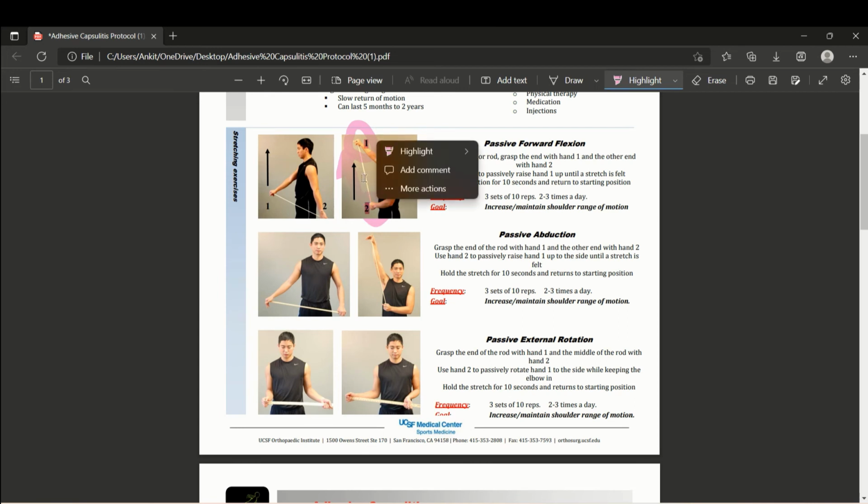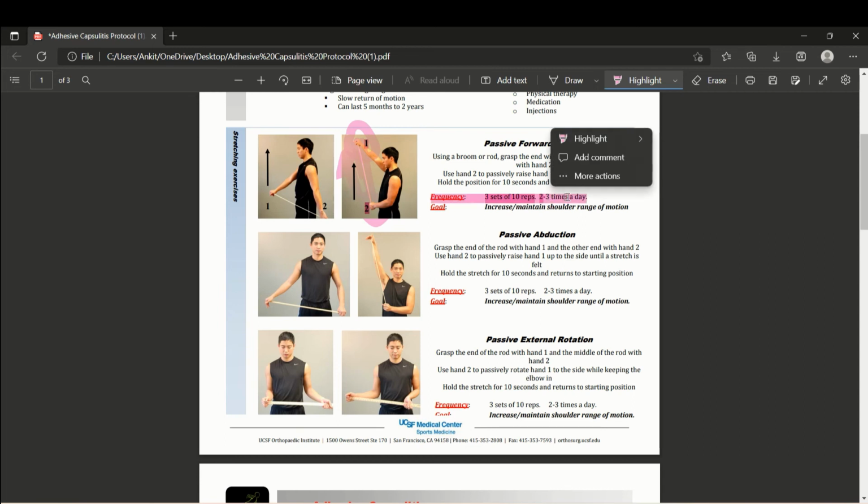The frequency of these exercises will be 3 sets of 10 repetitions, and this is to be done 2 to 3 times a day. This exercise increases and maintains the shoulder range of motion.